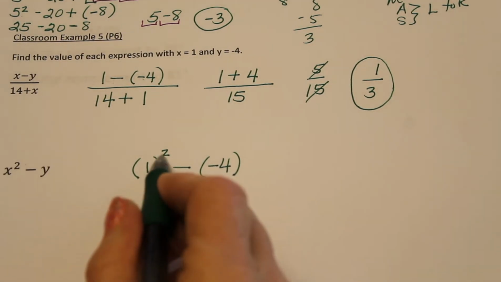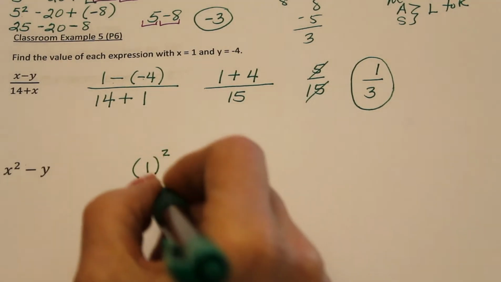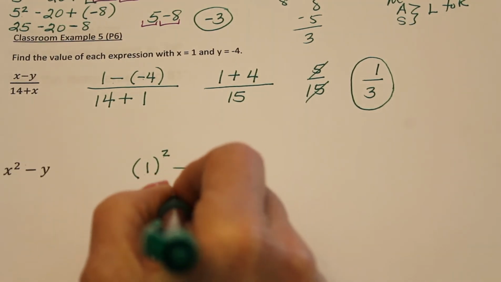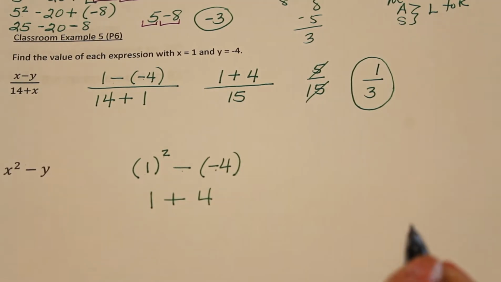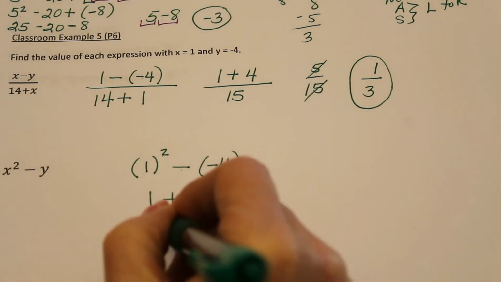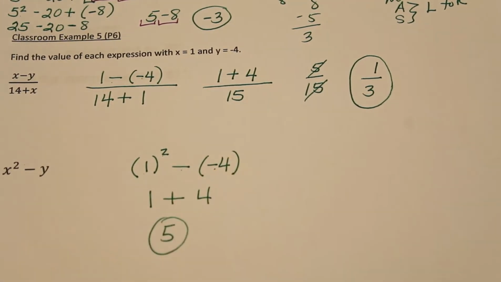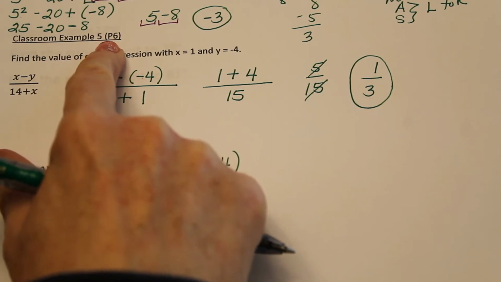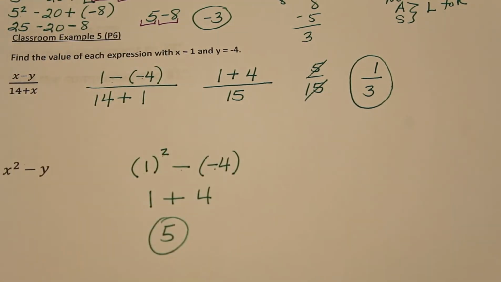Okay, so exponents first. 1 times 1 is 1. And what do we do with a negative and a negative? That becomes positive. And so 1 plus 4 is 5. So in section 1.6 now, you're going to try on your own practice 6.